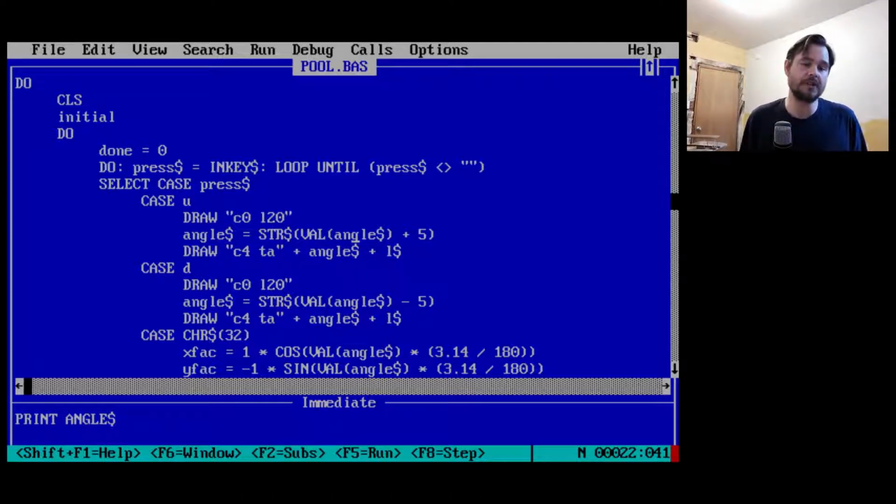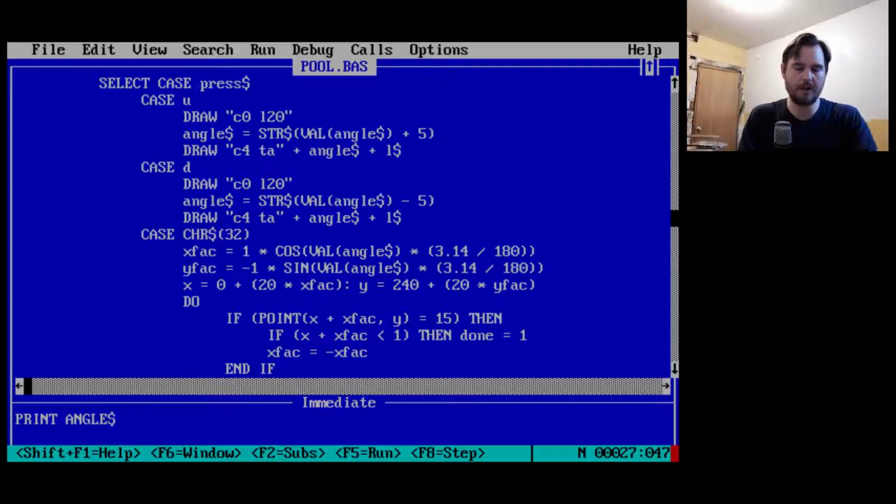But I decided, no, it's just going to be a string. So I have to do this double conversion here. So basically, when you press up, the angle increases by 5. And then this does the exact same thing: color 4, switch to this new angle, and draw L string, which was set as R20, and it stays R20 forever. So we erase the line, change the angle, draw the line. That's what we're doing.